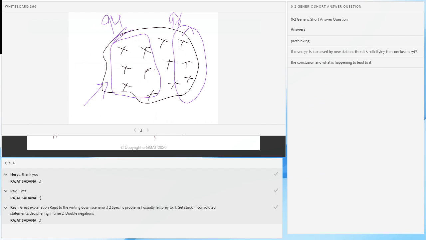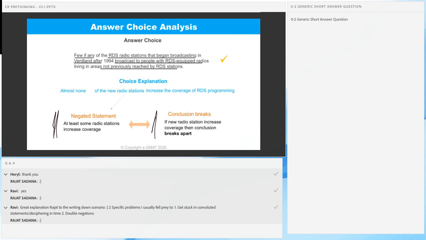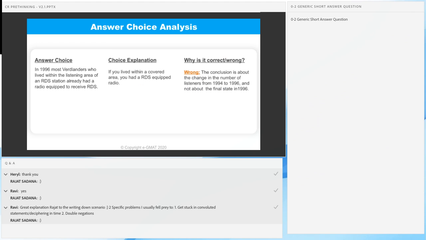Okay. Does that make sense? The person who says, how does this increase coverage? Okay. All right. Let's look at choice B. But there was someone who says, how does that increase coverage?